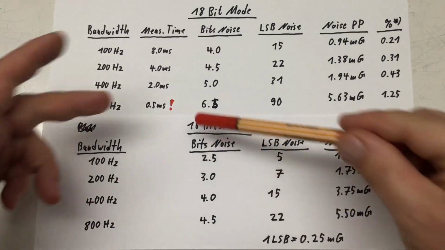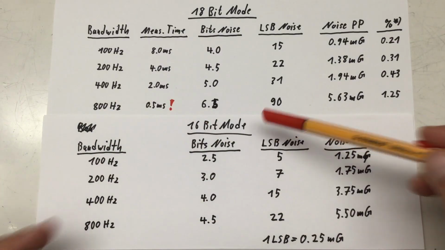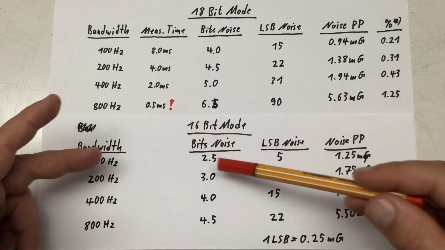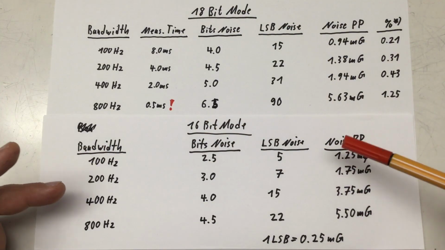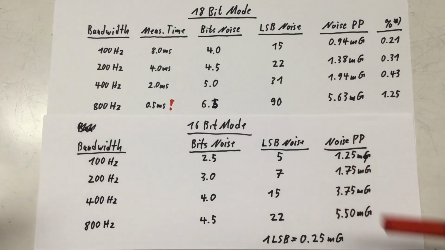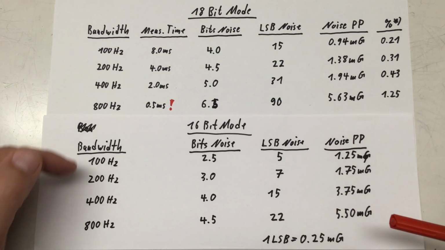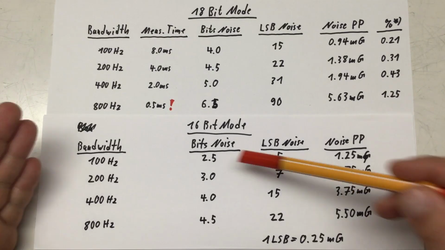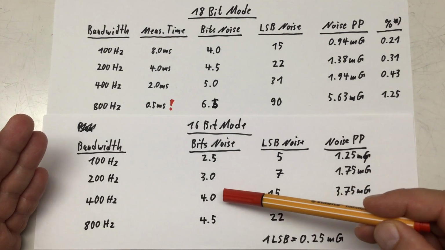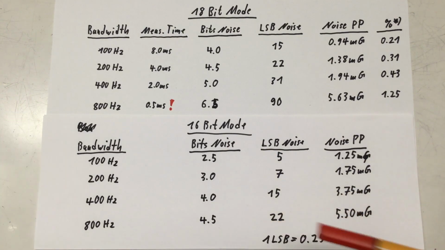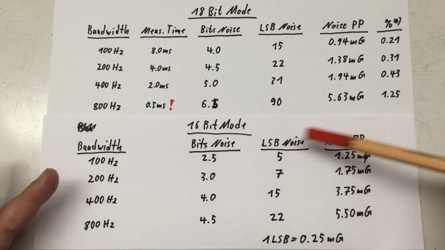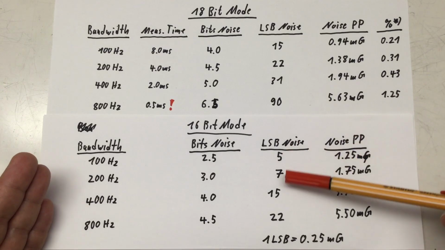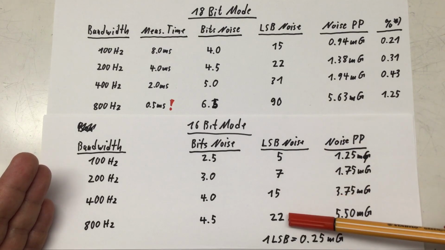Now, if we crunch the numbers for the 16-bit mode and the noise and compare that to our 18-bit mode, there's a little bit of a surprise. So we had for 100, 200, 400, 800 Hertz, 2.5, 3.0, 4.0 and 4.5 bits noise. That translates into LSBs noise of 5, 7, 15 and 22.